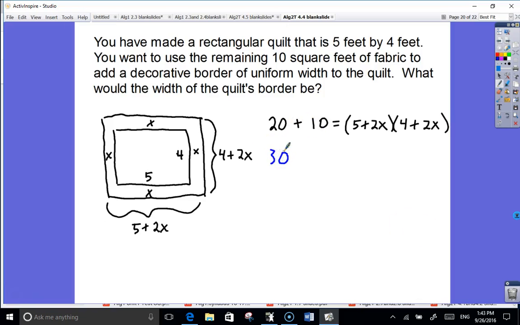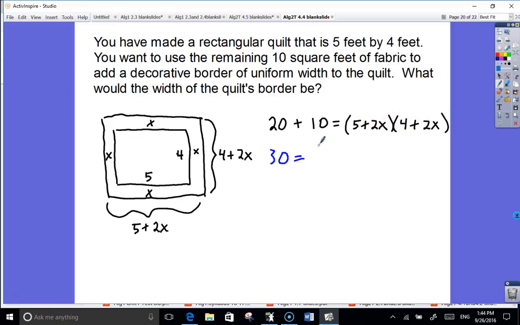Okay, but we don't know how wide those strips are at the top and bottom or left and right. So we can use a variable expression here. The length will be x plus 5 plus x. That's 5 plus 2x. And on the top and up and down, it'll be 4 plus 2x. So it must be that 30 equals 5 plus 2x times 4 plus 2x.